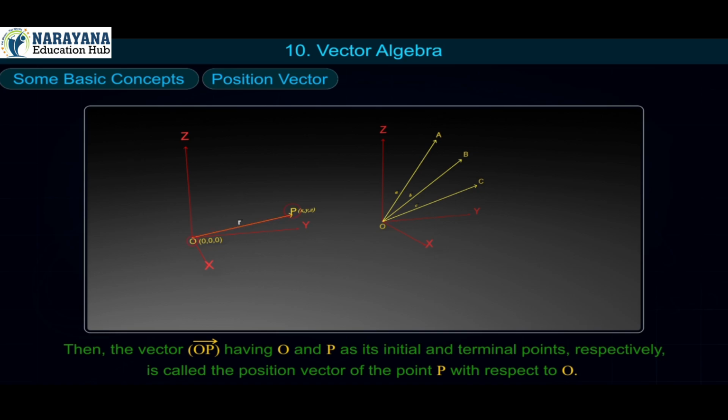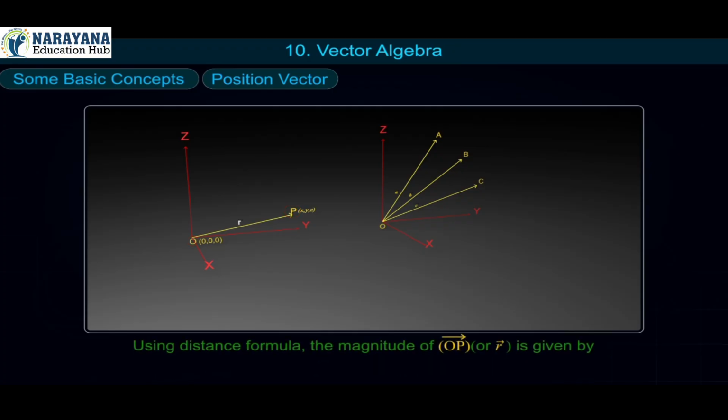Then the vector OP, having O and P as its initial and terminal points respectively, is called the position vector of the point P with respect to O. Using distance formula, the magnitude of vector OP, or modulus of vector r, is given by modulus of vector OP is equal to square root of x squared plus y squared plus z squared.